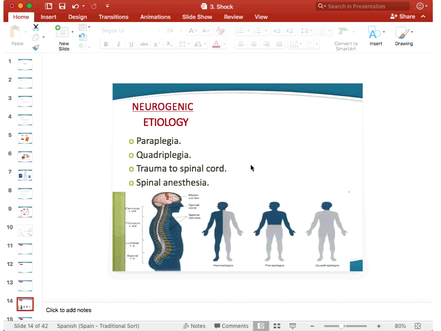But since they don't have the sympathetic input, they don't develop the reactive tachycardia. Am I putting this clear? Yes.